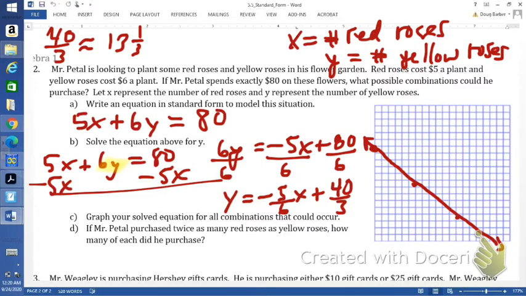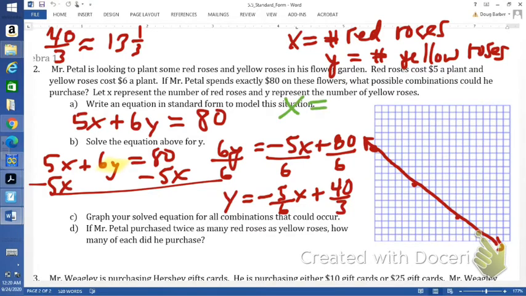Alright, and then it says if Mr. Petal purchased twice as many red roses as yellow roses, how many of each did he purchase? Alright, so he purchased twice as many red roses. So let's get a different color here. We got a lot going on. So X is the number of red roses.